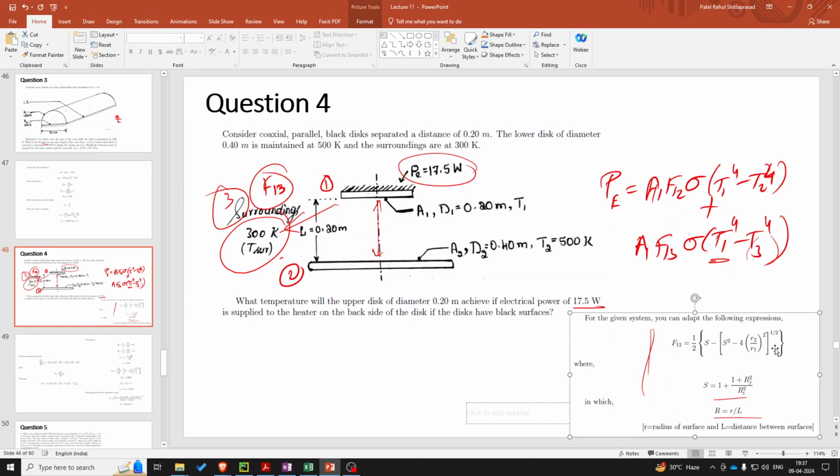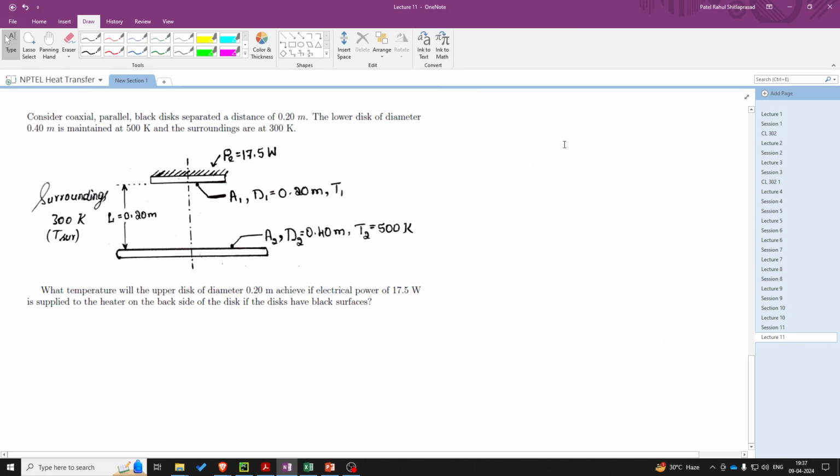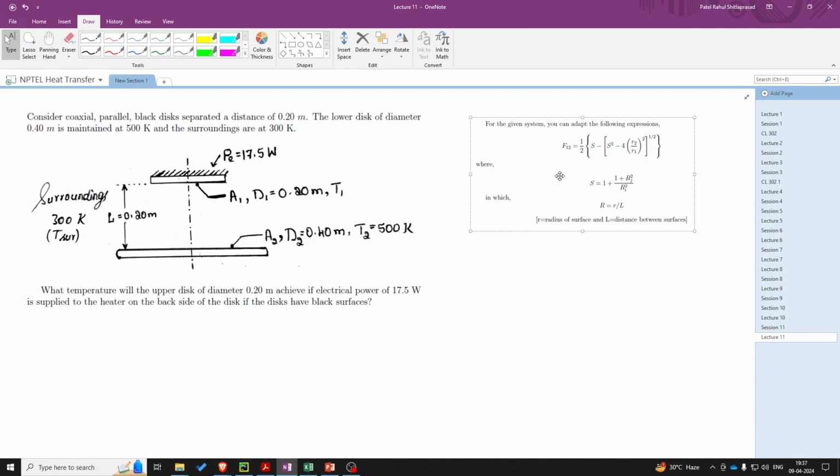For simple geometries, whereby you can just calculate the areas, you can do that on your own. So try solving this question. I will again share the solution in, let's say, 3 minutes.